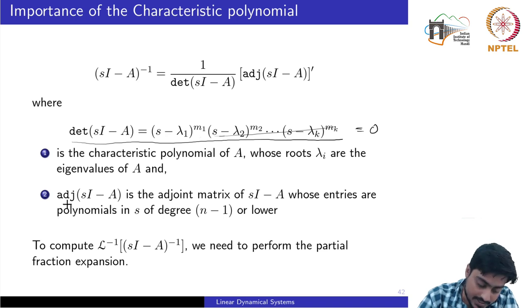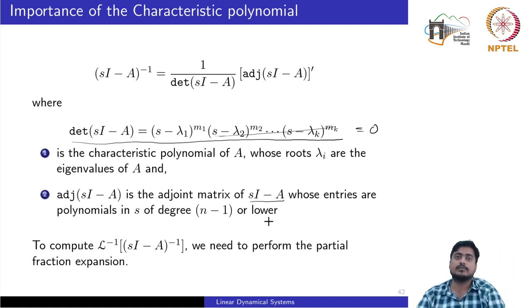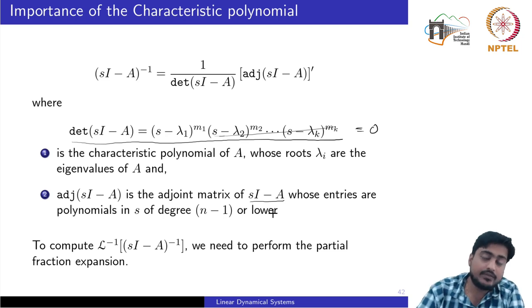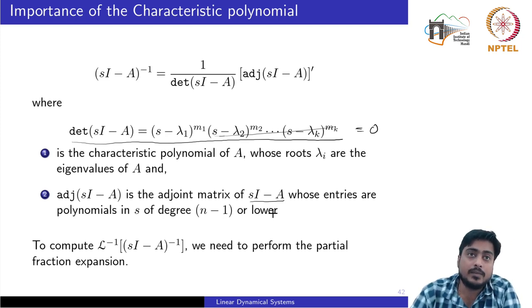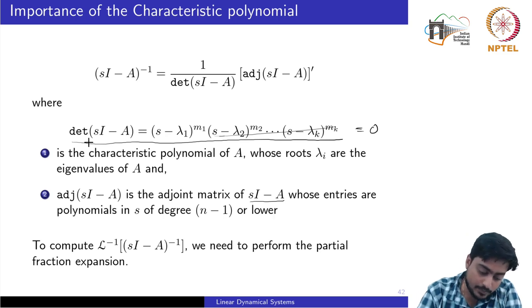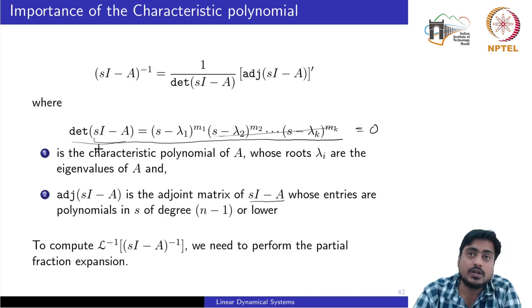Now this adjoint of sI minus A is the adjoint matrix of the matrix sI minus A, whose entries are polynomials in s of degree n minus 1 or lower. So we know that if our A matrix is an n cross n matrix, then the determinant of this part would be a polynomial having degree n.